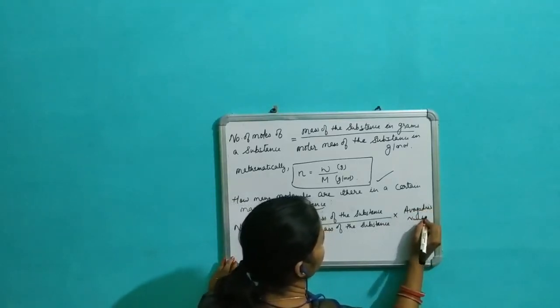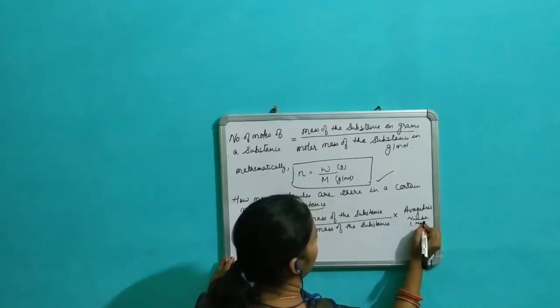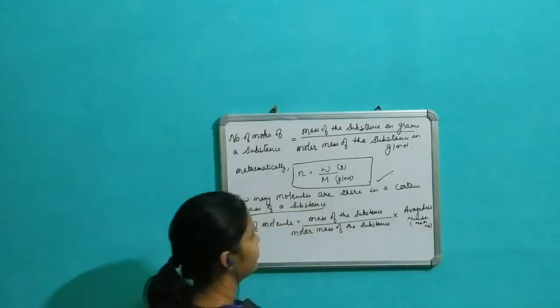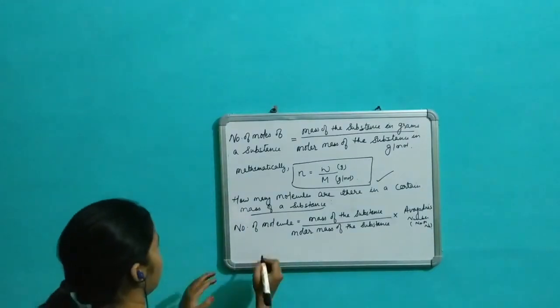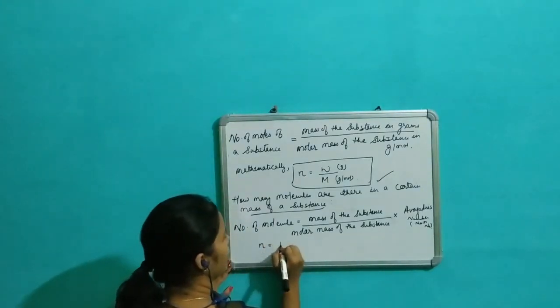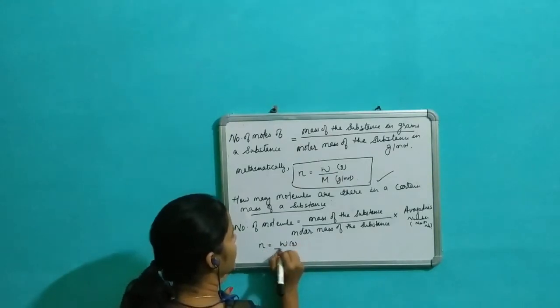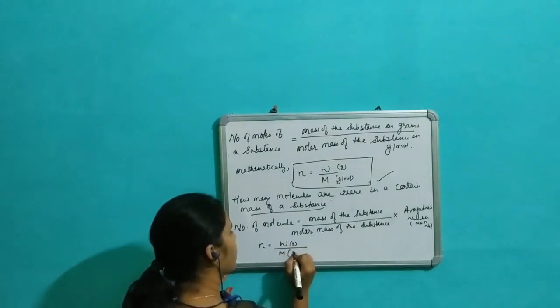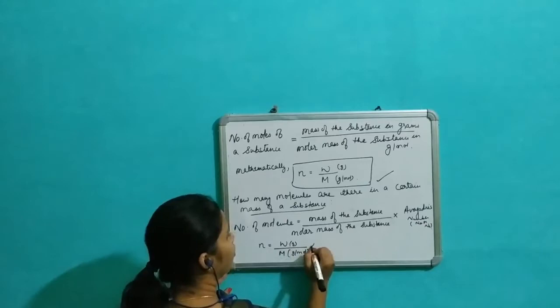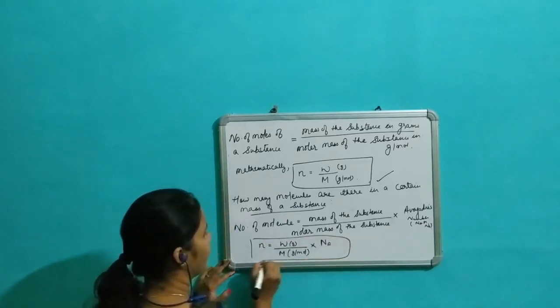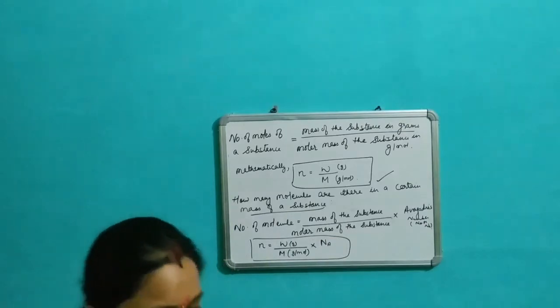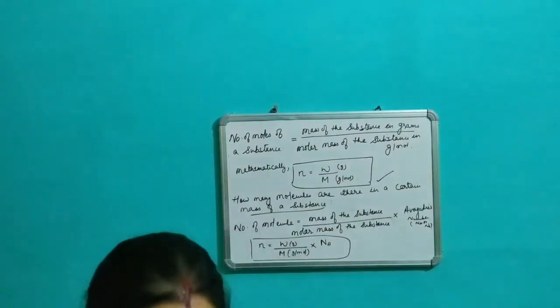Avogadro's number is denoted by Na or N naught. Mathematically, we can write it like this: N is equal to W in grams by molar mass, gram per mole, into Na.